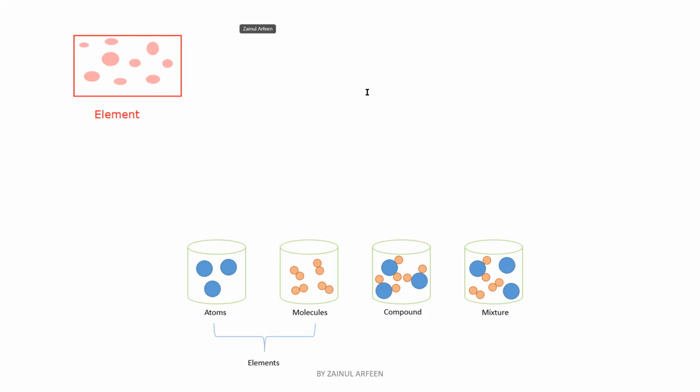Same thing, if we have a group of identical atoms, similar atoms joined together, because the atoms are identical, these are molecules of an element. This is an element, that's right.